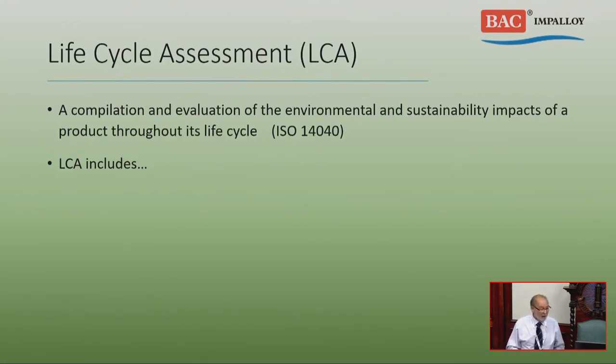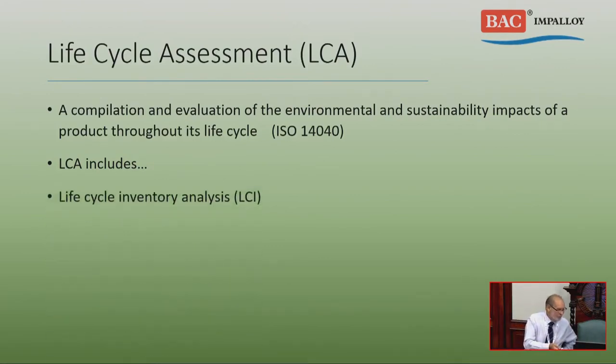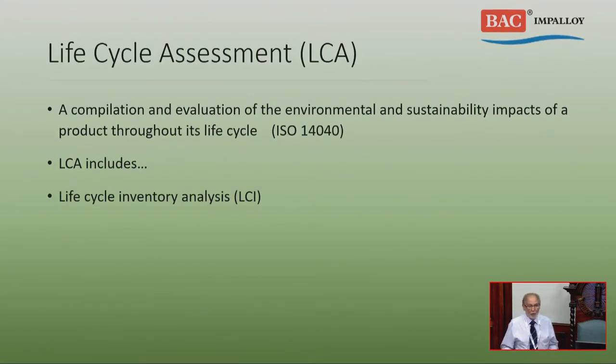And it is comprised of a life cycle inventory analysis, basically what the product is made of. For galvanic anodes, that might be the alloy, it might be the steel inserts, bit of cable, maybe some fasteners. For an impressed current system, it might be the anodes, the power unit, the cabling, the monitoring system, and so on.